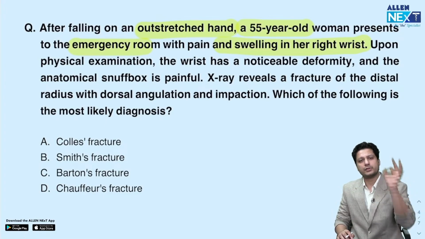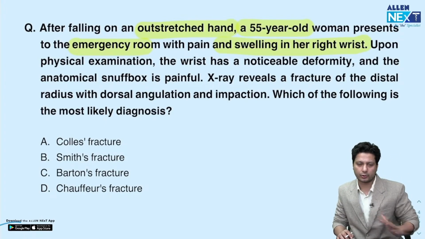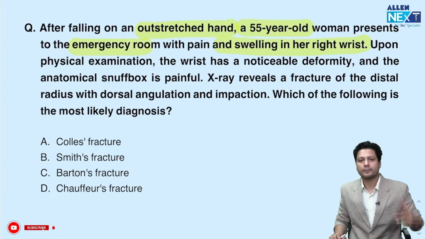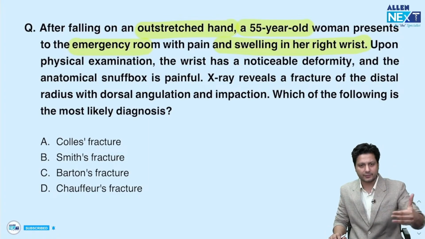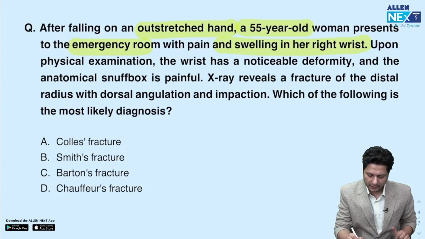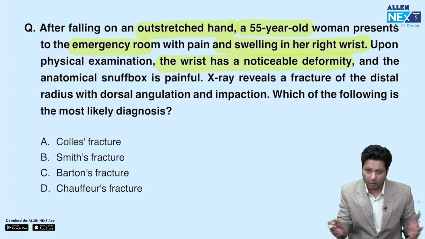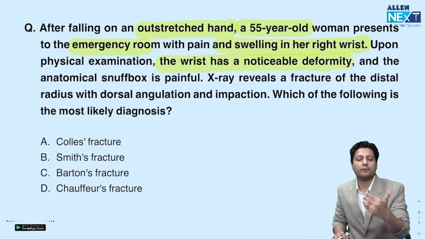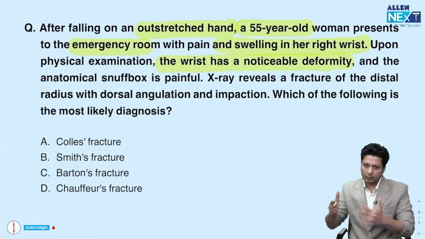Alright, this is the most important hint which will ever be provided to you in a question related to this topic. Before confirming the diagnosis, let's read the entire question. Upon physical examination, the wrist has a noticeable deformity, and we already know what the deformity is. It is a dinner fork deformity.